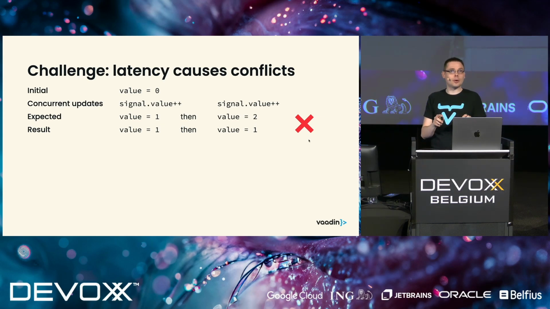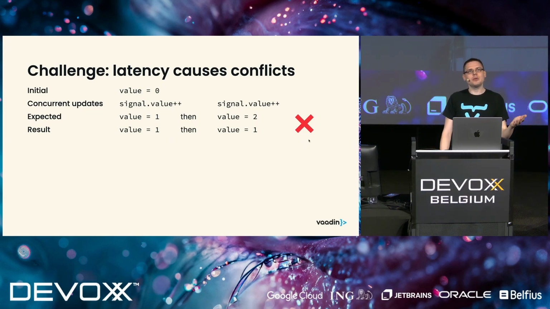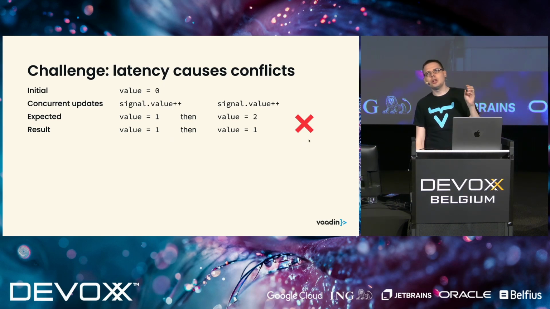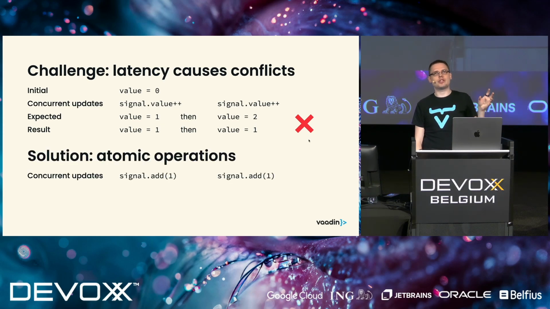Maybe not when testing locally, but when we go to production, we will see it, and that's not fun. The way to deal with this is to not just synchronize the values, but instead synchronize the operations on the signal. So if we instead have a signal that has an add operation, then we've got 2 different users at the same time doing add 1.